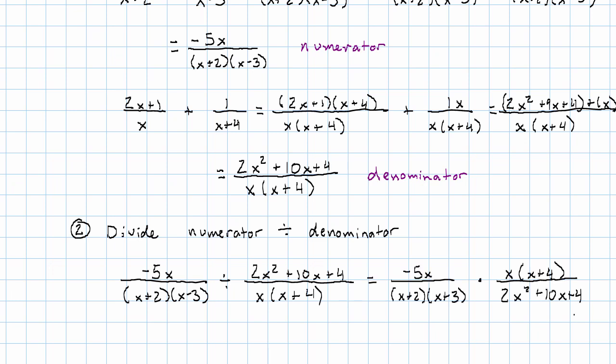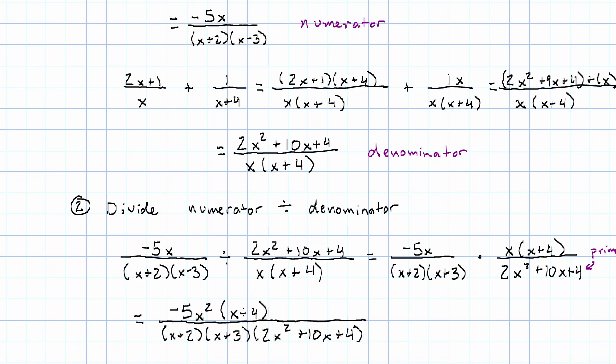And now to carry out that multiplication, we might try to factor this quadratic here. But a little bit of examination will show us that this is prime. And so we're just going to be left with this rational expression. And if we've lived a good life, no one will make us multiply this out, and we can just leave it that way.